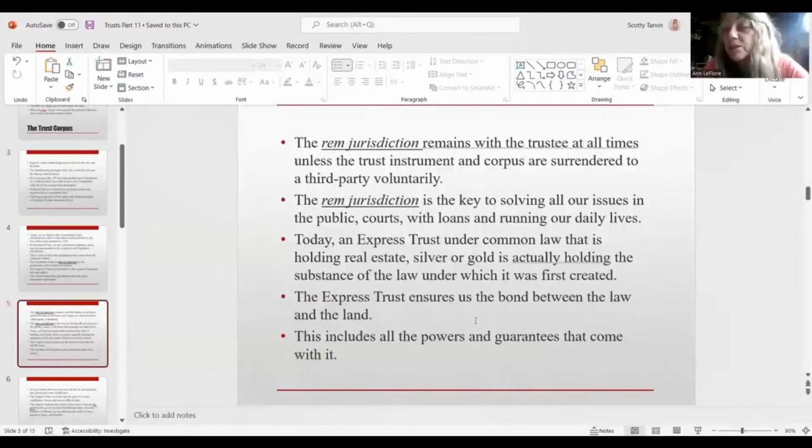And this is where it's called REM jurisdiction. It gives us the power, using trust in the private, to work in the public, to literally pay off our debts, handle anything in court cases, handle foreclosures, tickets, whatever we're going to handle in the public using private credit and private debt.